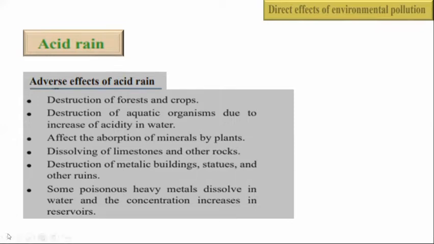It affects the absorption of minerals by plants and dissolves limestone and other rocks. It destroys metallic buildings, statues and other ruins, and also some poisonous heavy metals dissolve in water, and the acidity concentration in the reservoirs increases. These are the adverse effects of acid rain, right?